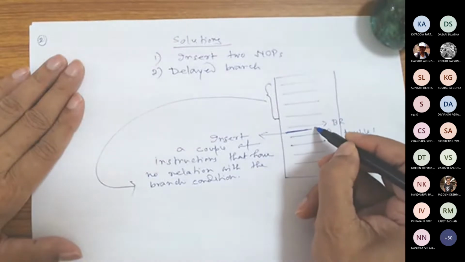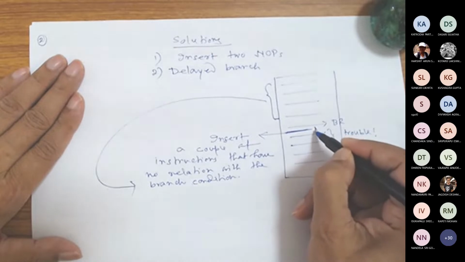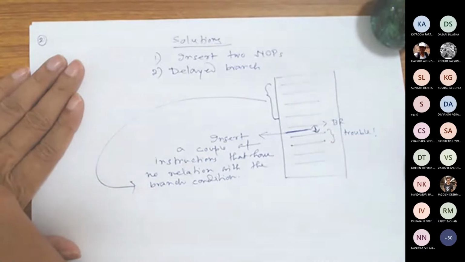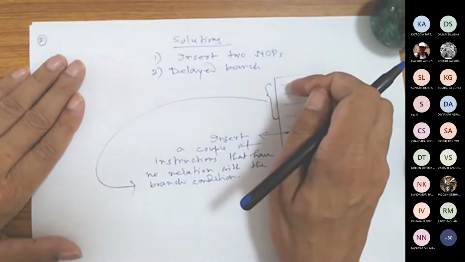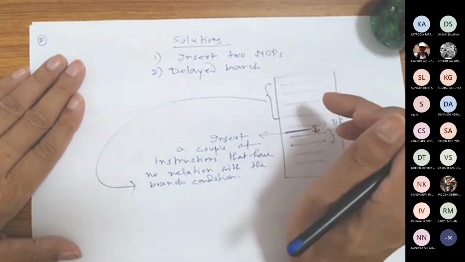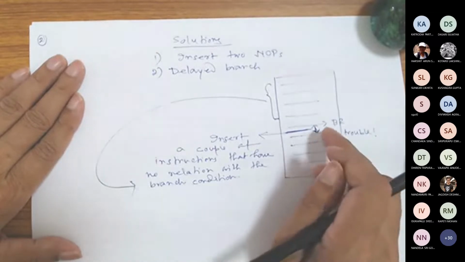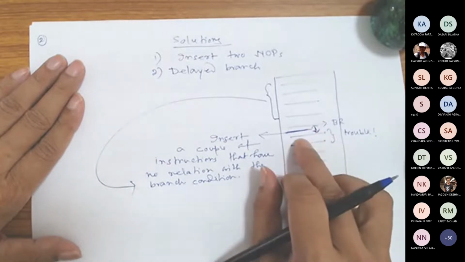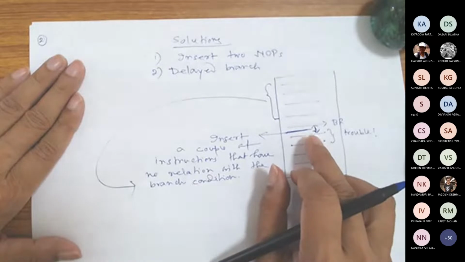You are as if increasing the distance between branch and the next instruction. So we'll have to pick up a couple of instructions from the previous segment of the code, and put them between branch and the next instruction so that their distance gets increased.